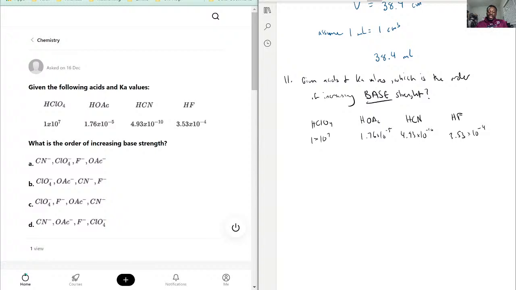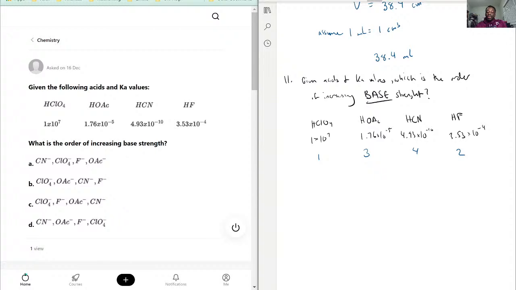So let's first ignore the question briefly and just understand what the Ka values mean, okay? A higher Ka value means a stronger acid. So if you wanted to label these from strongest to weakest acid, the biggest Ka will be here, then it will be the HF, then HOAc, and HCN.